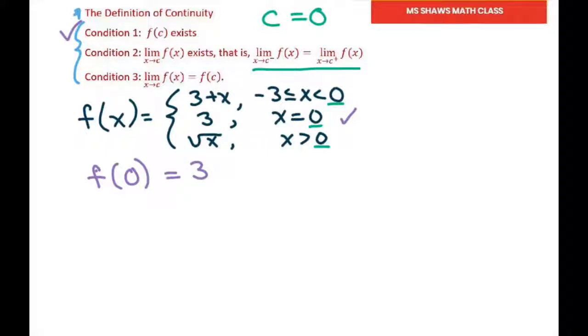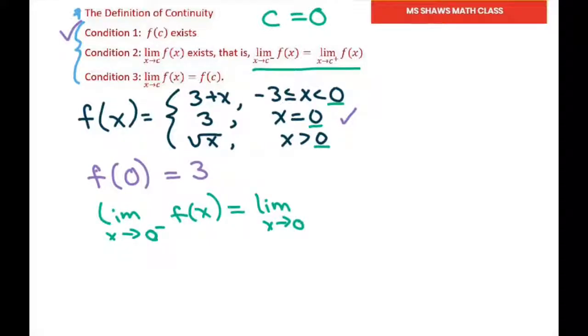We're going to do the limit as x approaches c from the left of our function, and our c happens to be 0. Does it equal the limit as x approaches c, or 0, from the right of our function? So let's see what's going on. We have 0 here, and we have a graph occurring on this side.